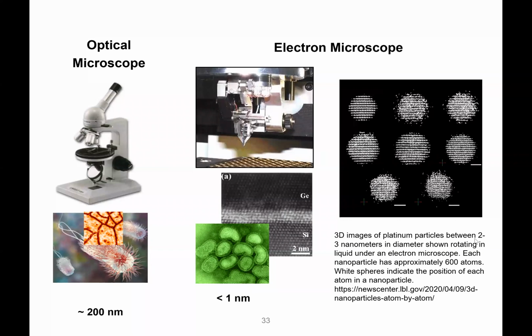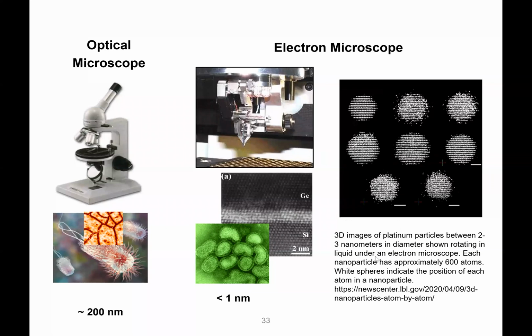The size of each individual particle is how much? It's 2 to 3 nanometers. That means how many platinum atoms are arranged in here? Around 20 to 25 platinum particles can be arranged in here.